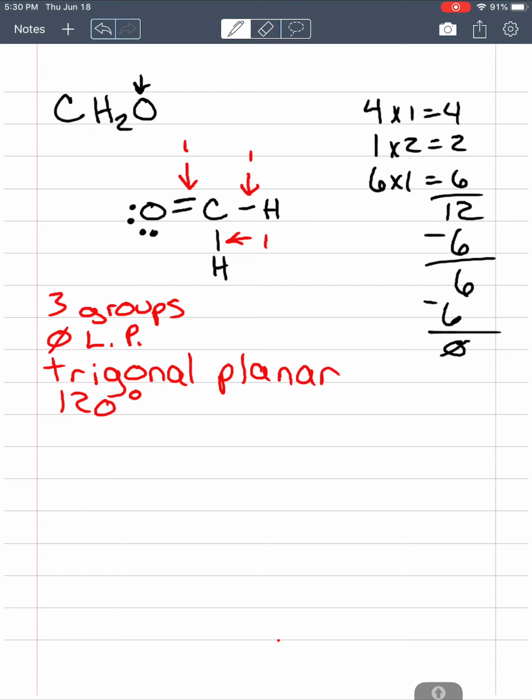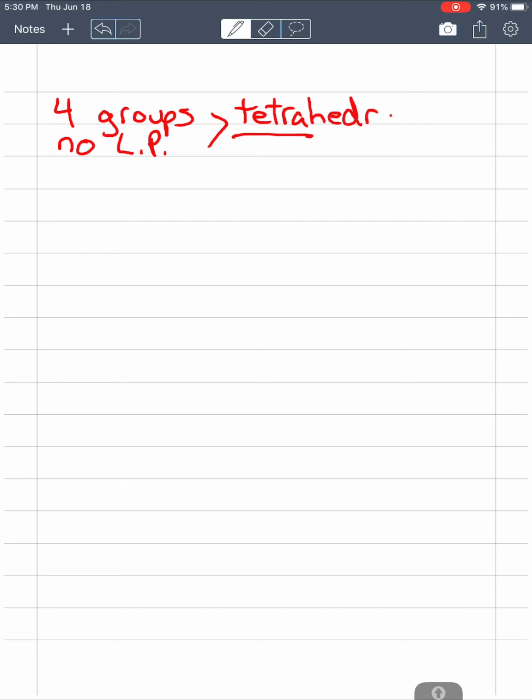So now let's look at another group. 4 groups, no lone pairs is called tetrahedral. Remember, tetra means 4. And the angle is 109.5, and yes, you have to memorize that. You have to memorize the names and the angles.